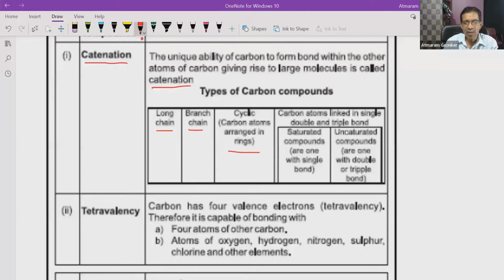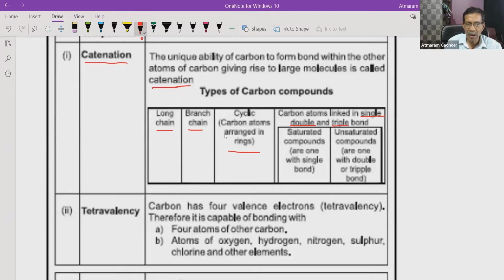Carbon atoms can also have single, double and triple bonds. Accordingly, we have different types. So the 3 types here are: single bond carbon atoms, double bond carbon atoms, and triple bond carbon atoms.